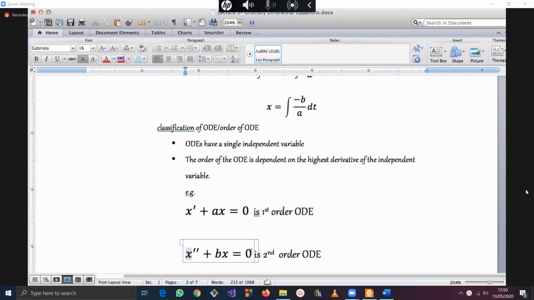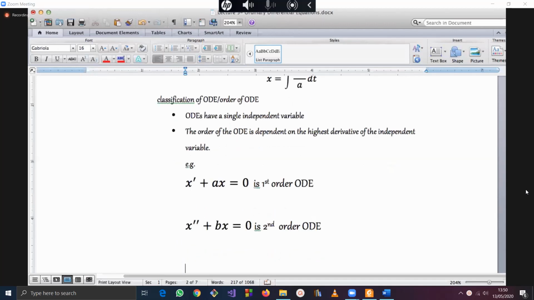Equally, we can have even a fifth order, and that becomes a third order ODE. So what determines the order is the highest derivative in that equation.